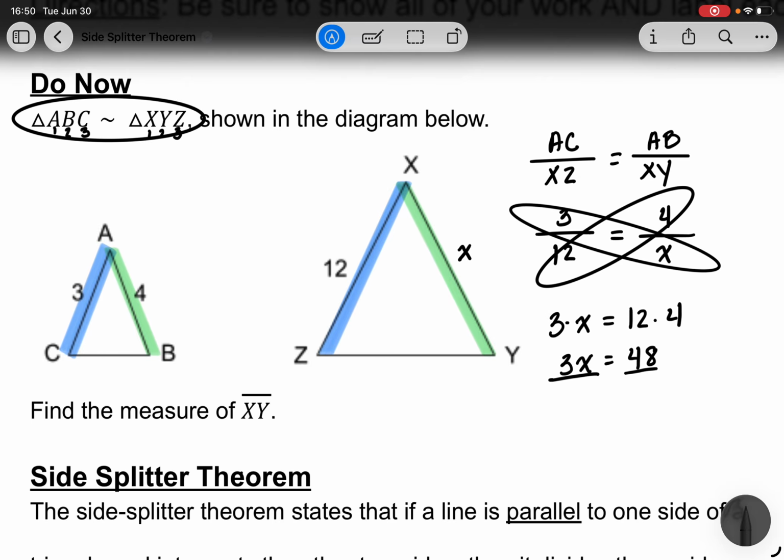And then now we need to divide both sides by 3 so that we can isolate X on the left side. And then this will tell us what the value of X will be, which would be 16. So XY equals 16.